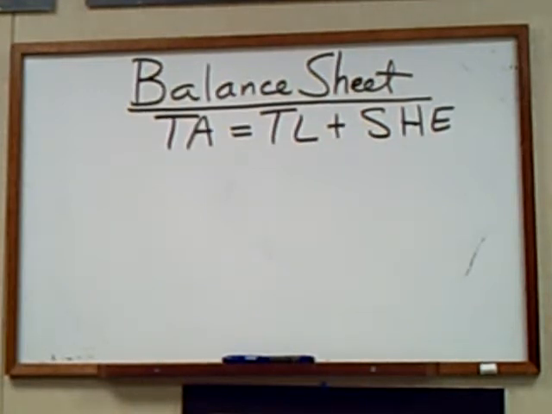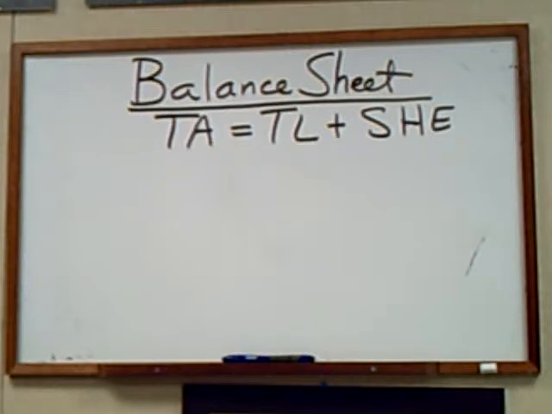Well, today, in part 2 of our accounting review, we're going to look at the balance sheet. In abbreviation, the balance sheet is simply a mathematical relationship to show how total assets equal total liabilities plus stockholder equity. The left side of the balance sheet, the asset side, lists what the company has.